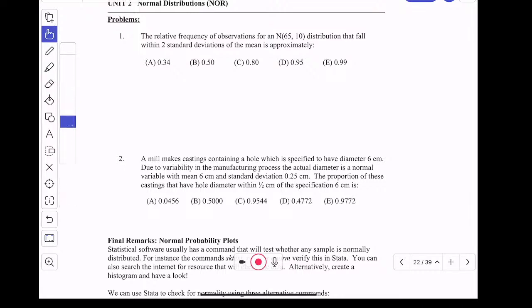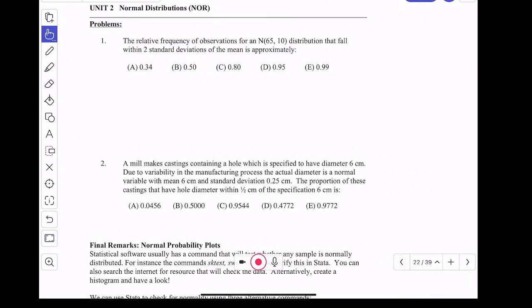The relative frequency of observations for a normal distribution with a mean of 65 and a standard deviation of 10 that fall within two standard deviations of the mean is approximately. So in this one, which one would you pick?